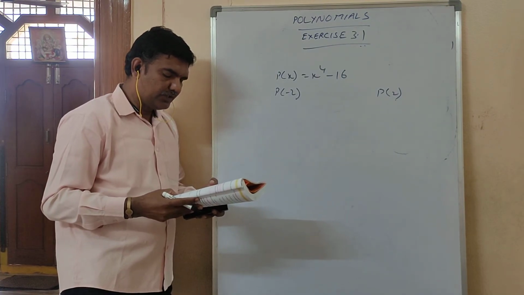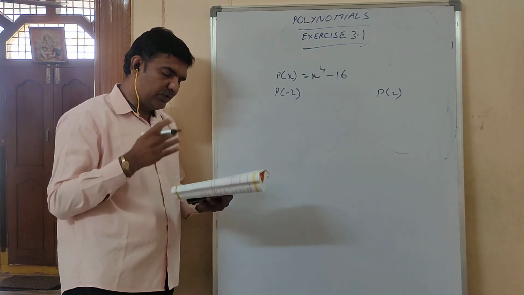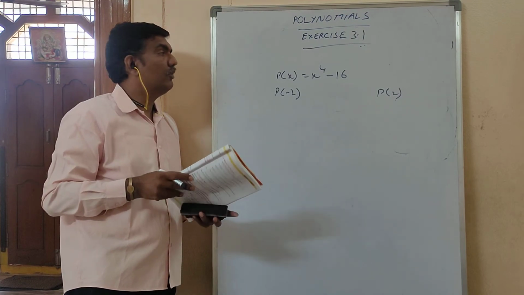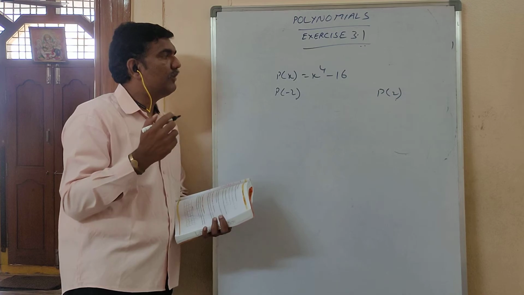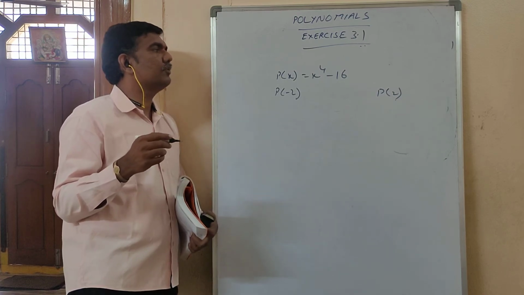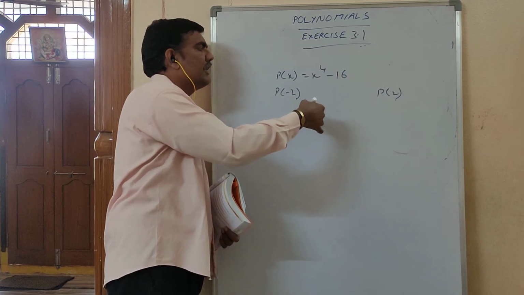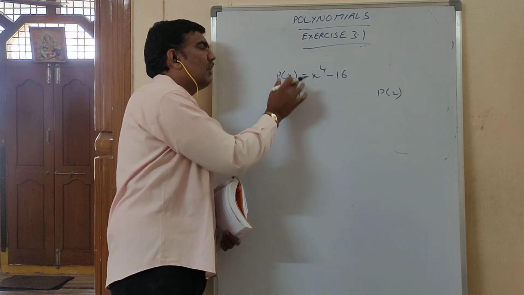So, in place of x, if you substitute minus 2 and the entire polynomial value is 0, then minus 2 is called a zero of the polynomial.